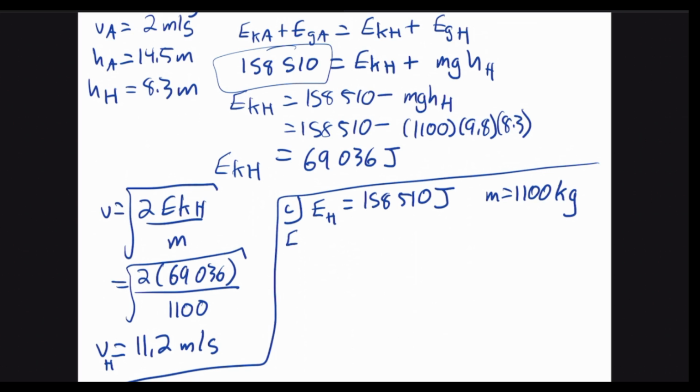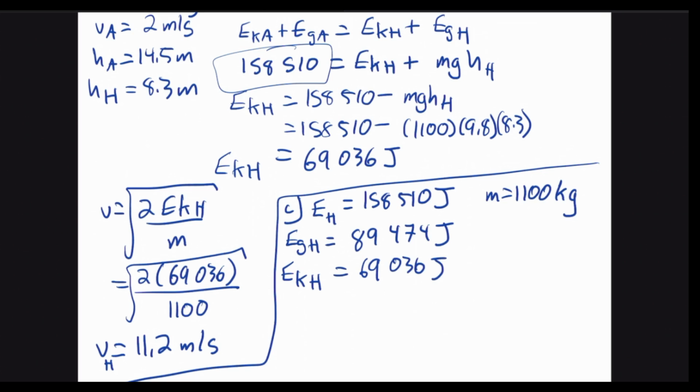I know the gravitational energy at this point is, that's this piece here, I just didn't calculate it separately, so 1,100 times 9.8 times 8.3, 89,474 joules. And I know the kinetic energy at this point is 69,036 joules.